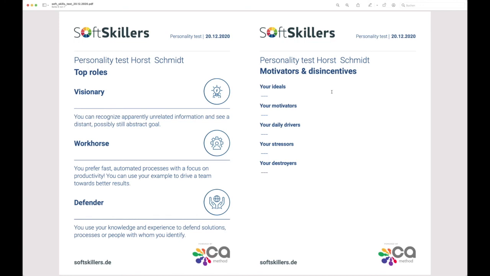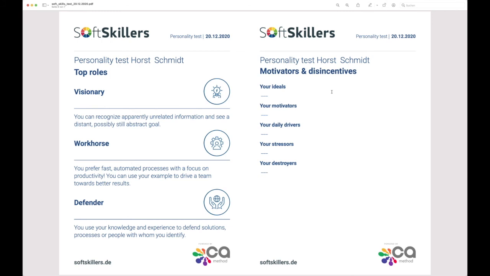Second thing is, if the person has a lot of stressors, this means this person is insecure and can be stressed by these attitudes. If the person has a lot of destroyers, this is really a risk for burnout, because if you have a lot of destroyers, you will meet them every day in your life, and that can lead to a burnout.